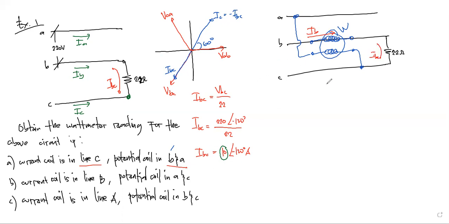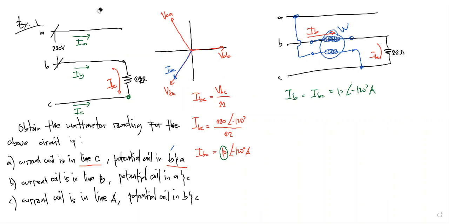Obviously in letter B, IB is equal to IBC. It's very clear that the current IB that will flow here is the same as the current IBC, which is equivalent to 10 angle negative 120 degrees ampere. I'll just erase this one.